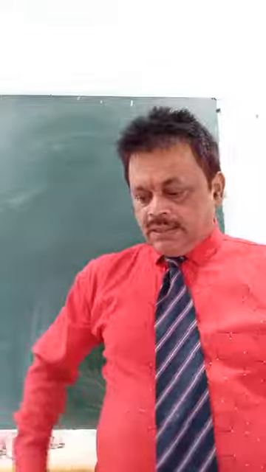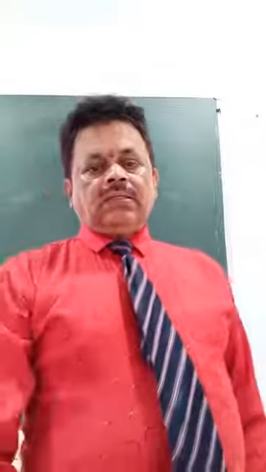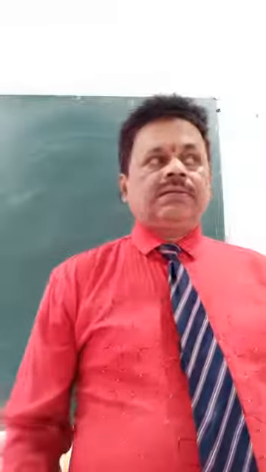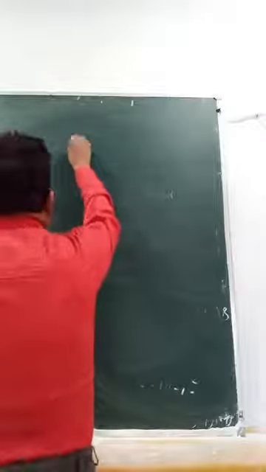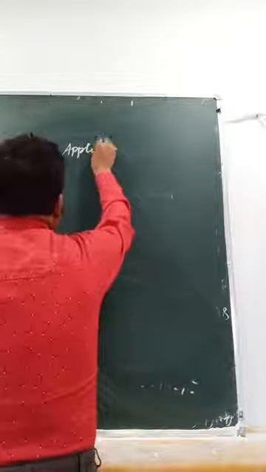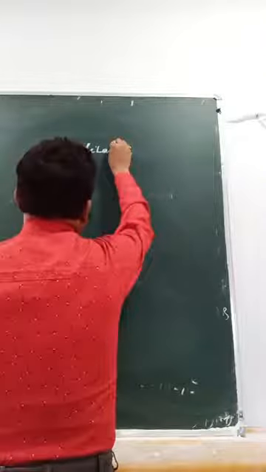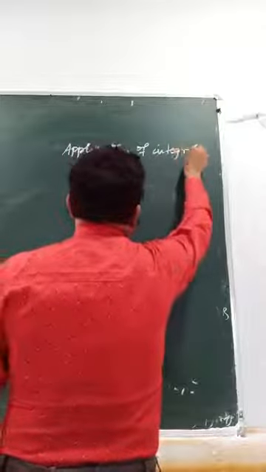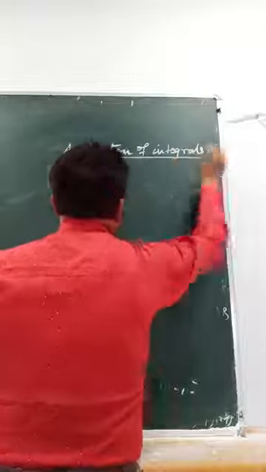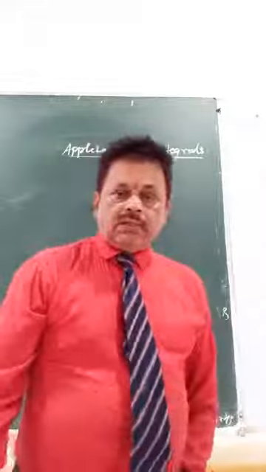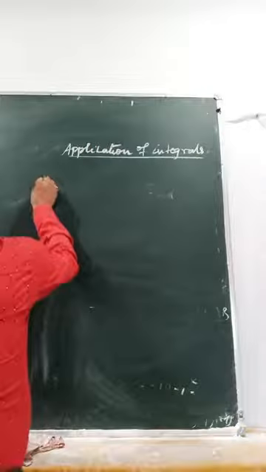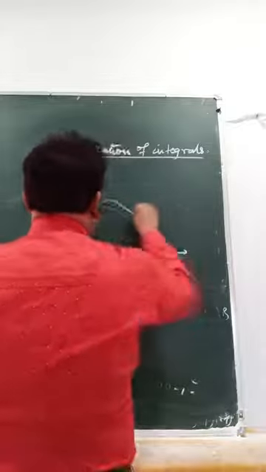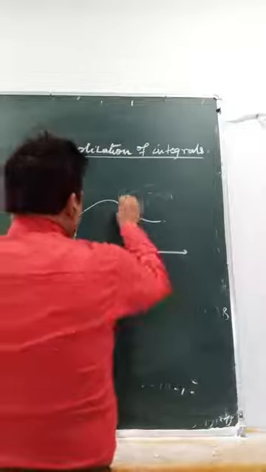So today we'll start a new chapter, that is application of integrals, which is area under the curve. Area under curve means, suppose there is a curve y equals to f(x).